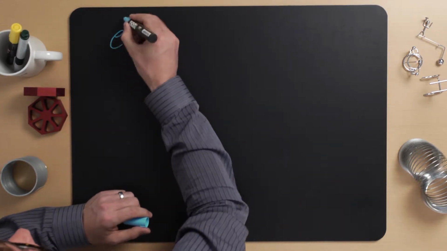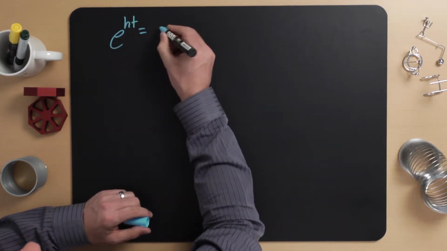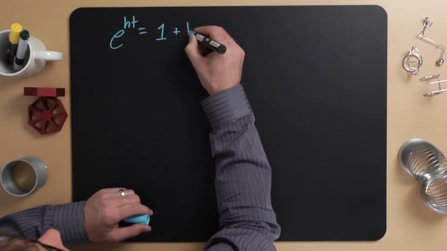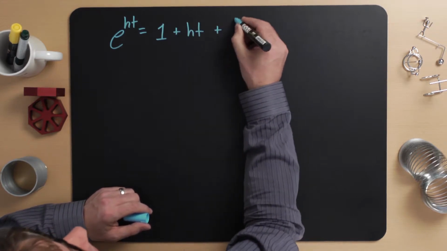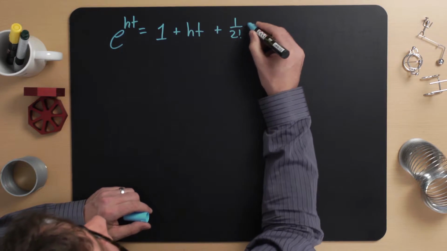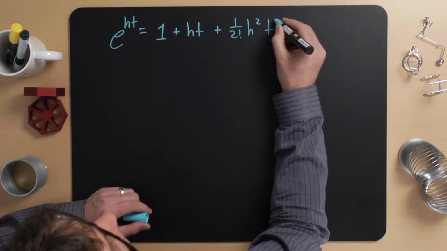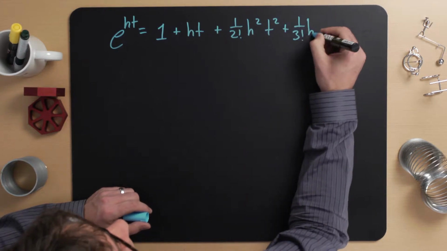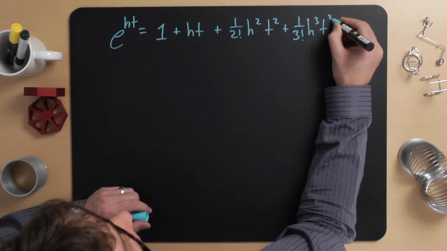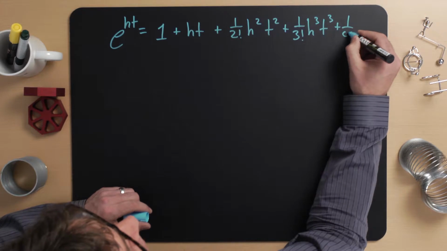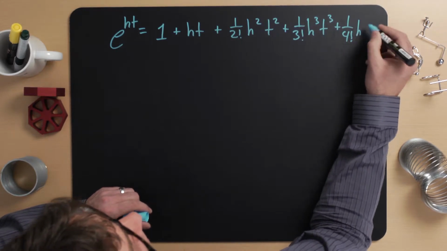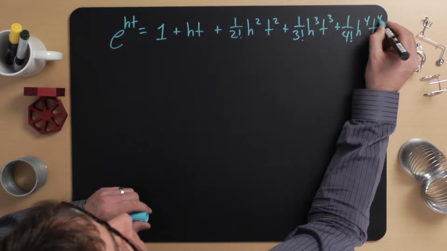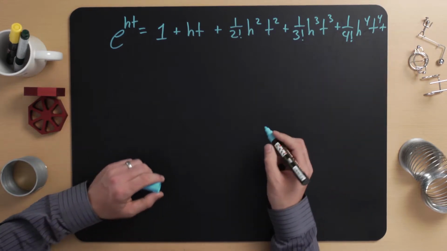So e to the ht is equal to 1 plus ht plus 1 over 2 factorial h squared t squared plus 1 over 3 factorial h cubed t cubed plus 1 over 4 factorial h to the 4th t to the 4th plus more terms.